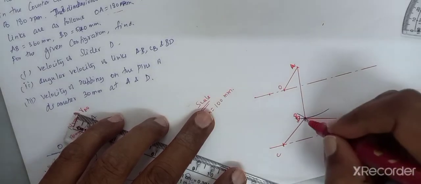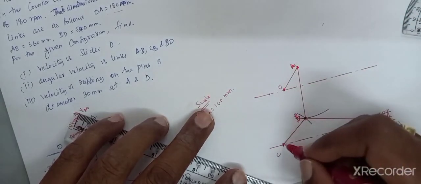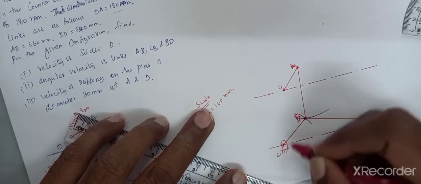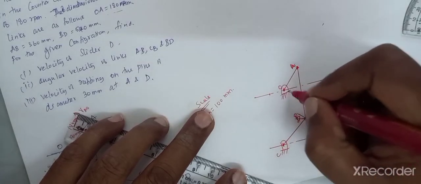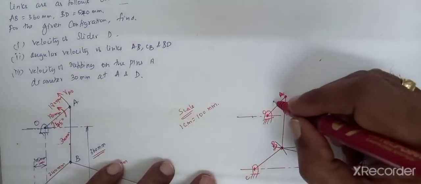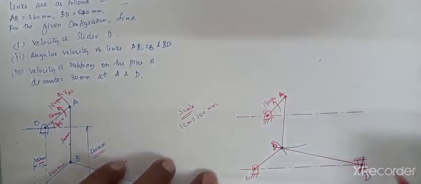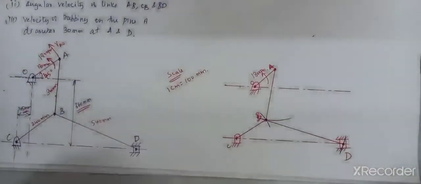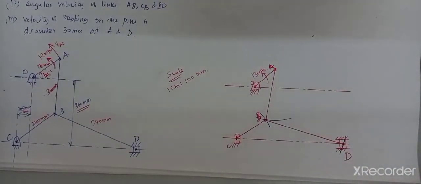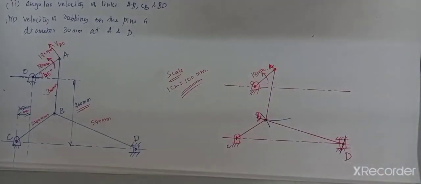So here are the pin joints. So it is fixed. I can draw a symbol like this to show it is a fixed point. So this is 180 rpm. This is how we have to draw the space diagram as per this scale factor, right?